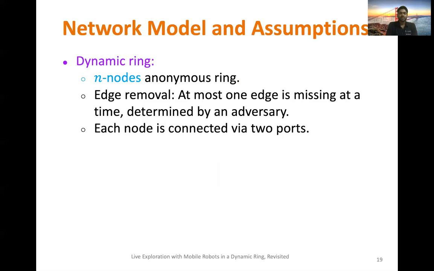Let's quickly recap the network model and assumptions. We consider a dynamic ring with n nodes, which is anonymous, so nodes are indistinguishable, and we consider edge removal dynamics. That means at most one edge is missing at any time, determined by an adversary, and each node is connected via 2 ports because it's a ring.